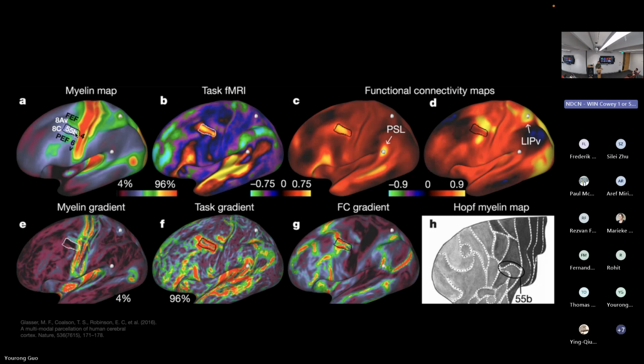Like here, it has low myelination compared to the neighboring vertices. It's activated in the language processing task, language story task. It has very unique connectivity patterns. It's activated by itself, and if you activate the frontal eye field, then it's left behind.